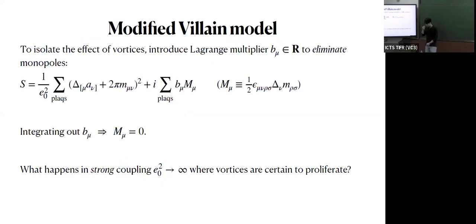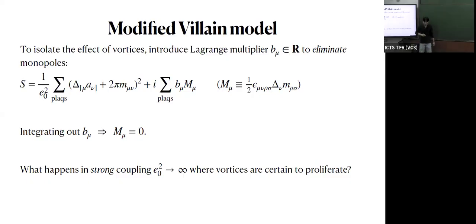Okay. So what we're going to want to do is isolate the effect of center vortices from that of monopoles. We can actually do this in a very simple way in this Villain model by introducing what is called the modified Villain model. What we do is we introduce a Lagrange multiplier. This is a very standard trick in abelian lattice gauge theory, field theory in general, abelian theories in general.